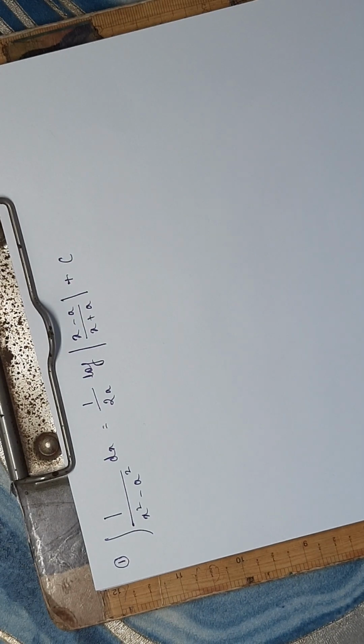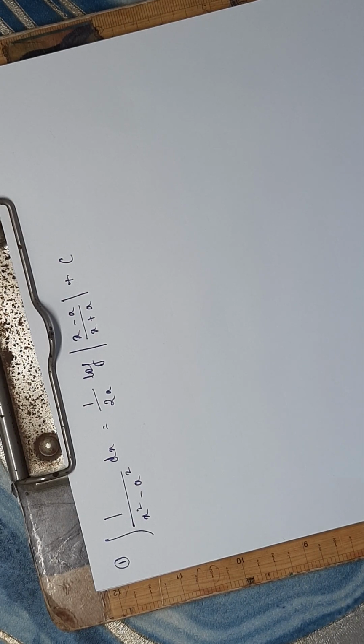So what is it? Integration of 1 by x square minus a square into dx is equal to 1 by 2a log of mod of x minus a divided by x plus a plus c. So this will be our first formula, okay?